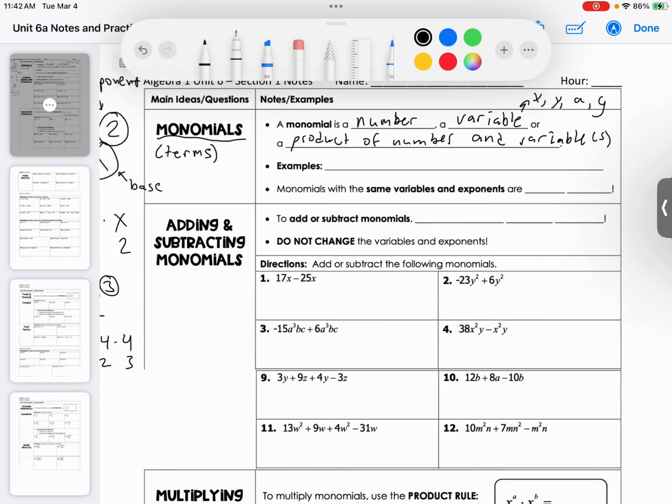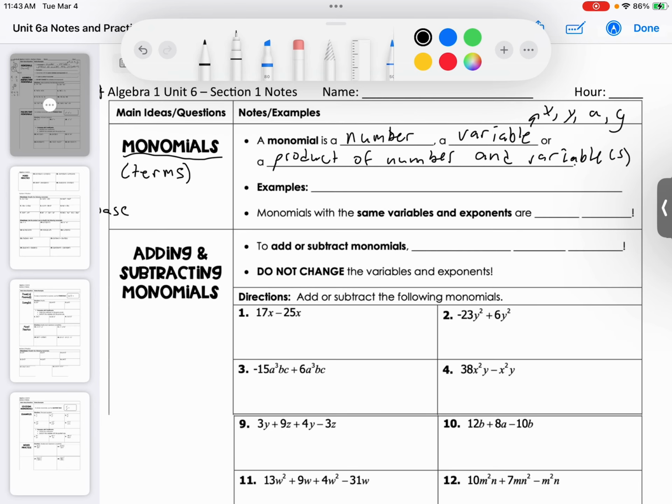Okay. Now, in math, the word product means multiply. So that means if I multiply a number and a variable, or more than one variable, that is going to give me a monomial. So for example, a monomial could be a number, like the number 5.